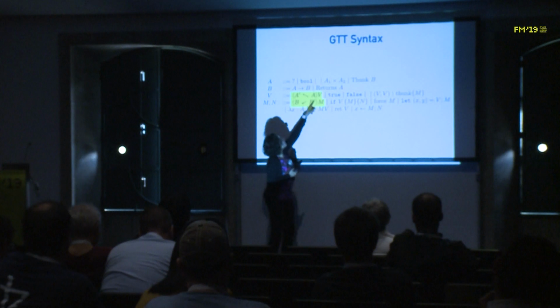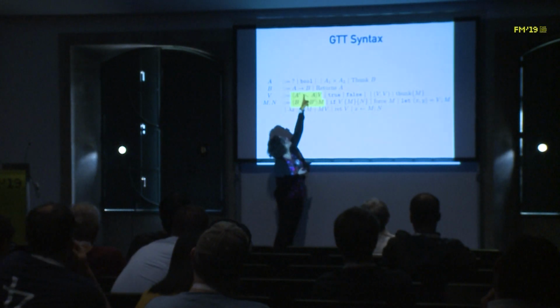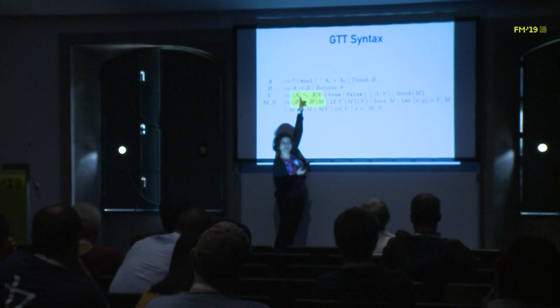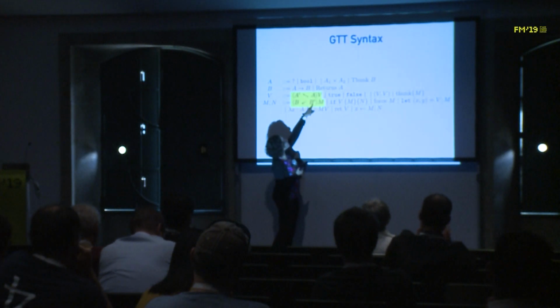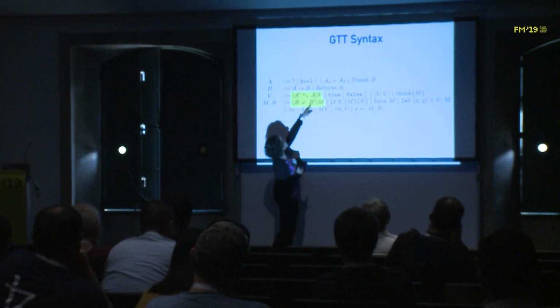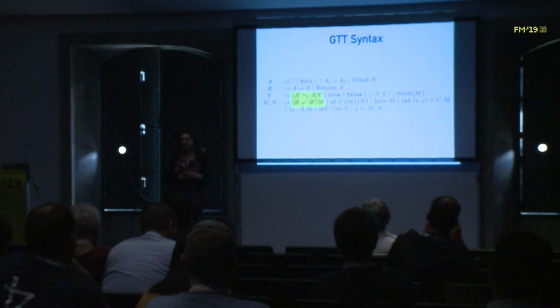And notice that when I do an upcast, so I'm going from a more precise type to a less precise type, that's not going to have an effect, so it's pure. It sits in the pure fragment. And when I do a downcast from a less precise type to a more precise type, that might error, so it has to be a computation that has an effect.